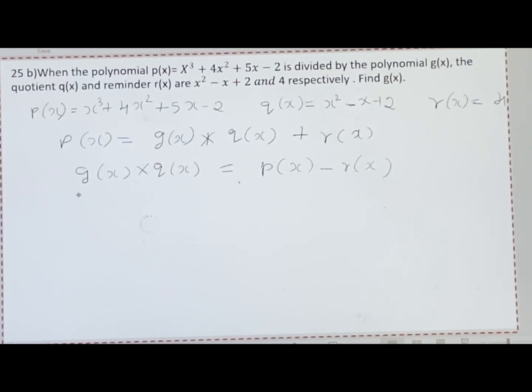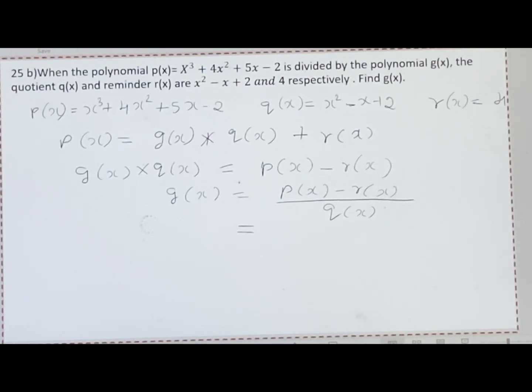Okay, so now we want the g of x value. So g of x is nothing but p of x minus r of x divided by q of x. Okay, so now we need to replace this equation with the given values.